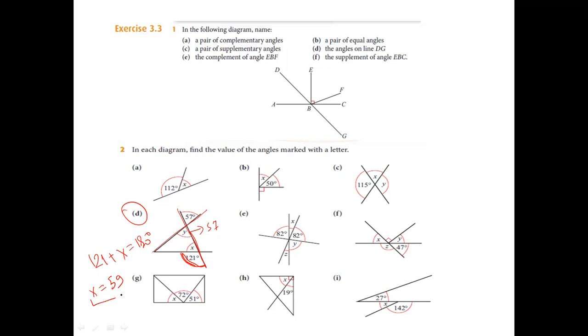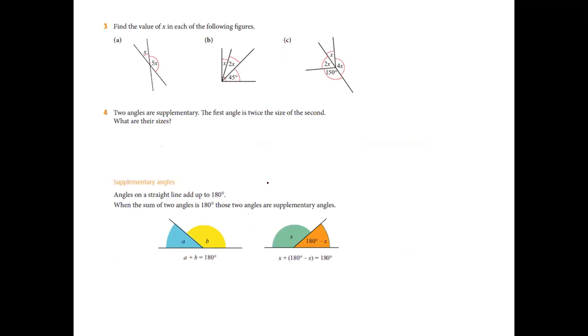59 degrees. Okay, find the value of x in each of the following figures. In the first figure, we have just a straight line and supplementary angles.